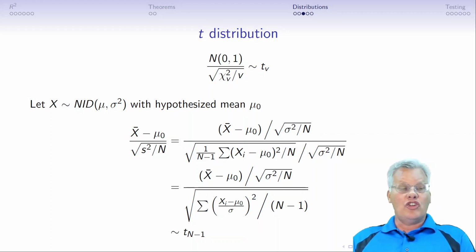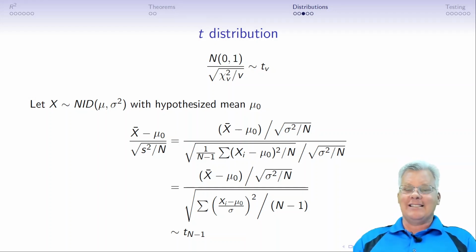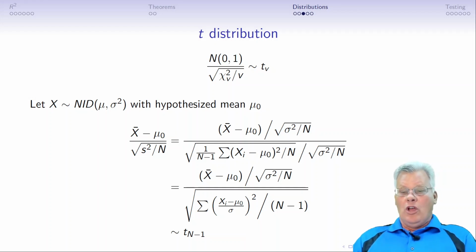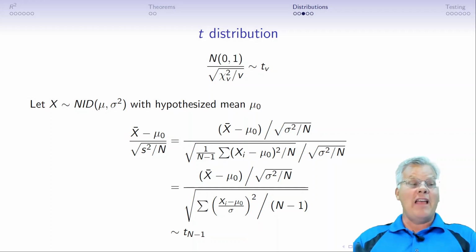And then downstairs, when I manipulate the denominator from the first line into the second line, if I take the true unknown standard deviation and break that secondary denominator within the original denominator and move it back inside the summation, you note what I have here is this sum of xi minus this hypothesized mean, mu sub 0, divided by the true unknown standard deviation sigma.